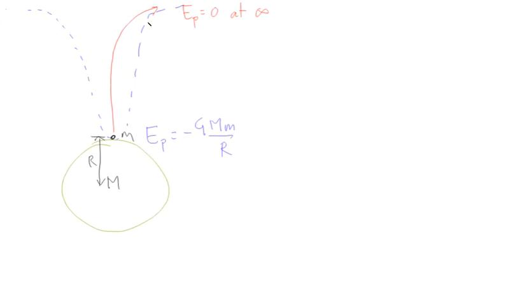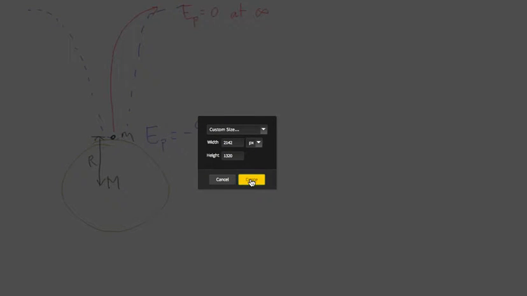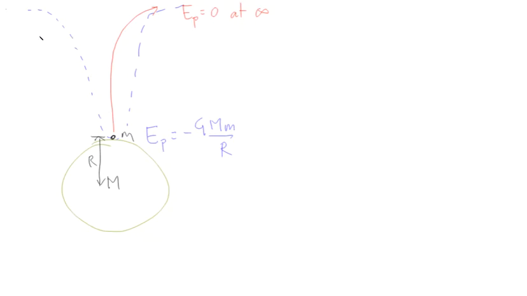Let's just do an example calculation. We are told to calculate the difference in potential energy of a satellite of mass 1500 kilograms.